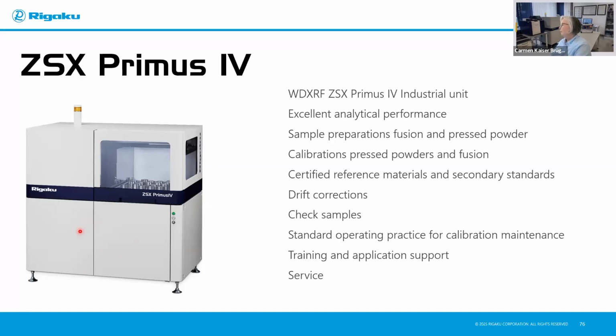As an application team, we also help our customers understand the best operating practices for XRF, and we train you on how to interpret these results for checks and drift corrections, so that we have a long-term stable method with very consistent results.